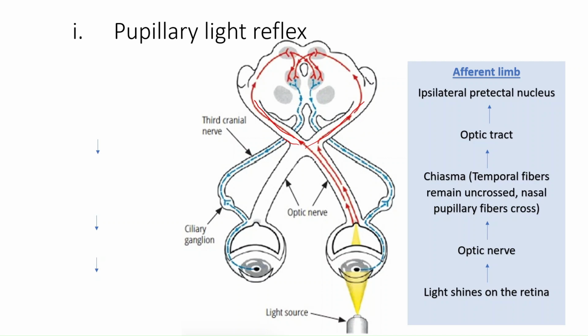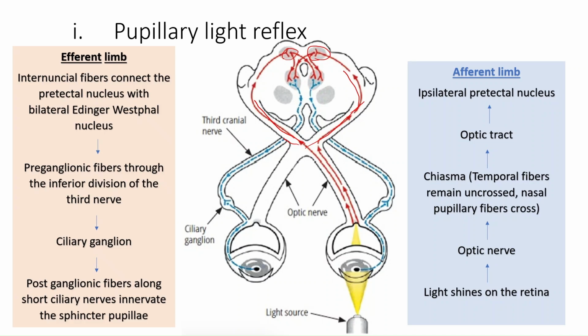And then instead of going to the lateral geniculate body, they take a detour towards the pretectal nucleus in the midbrain here. Okay. So when light is shown in one eye, the fibers reach both sides of the pretectal nucleus.